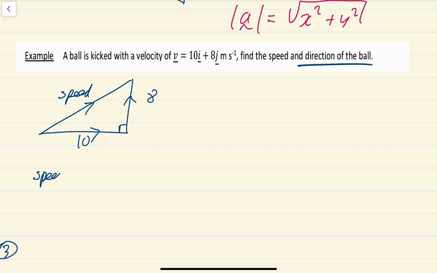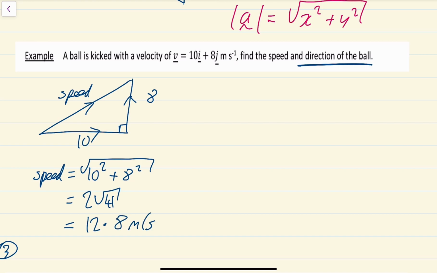So the speed in this case is going to be the square root of 10 squared plus 8 squared. That gives you 2 root 41. That's an exact perfect answer. I'd always put that in, and then I get that as a decimal. So to 3 sig figs, 12.8 meters per second.